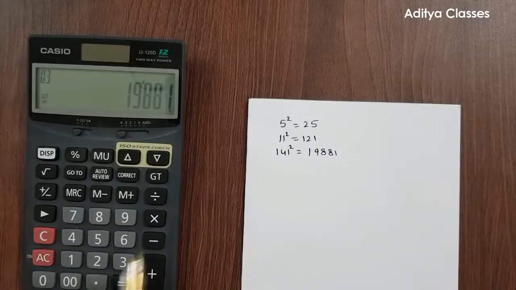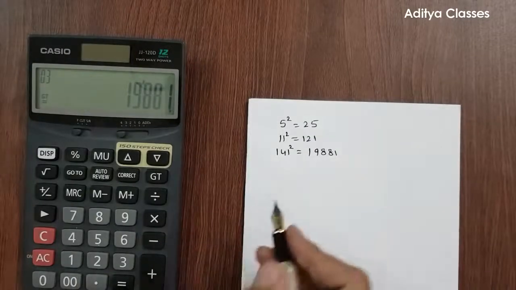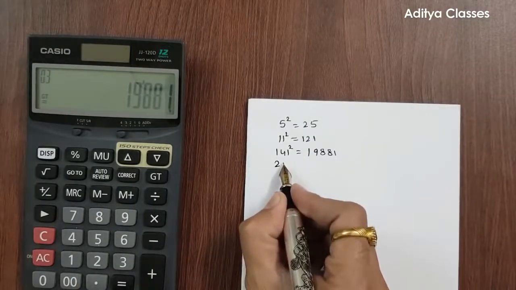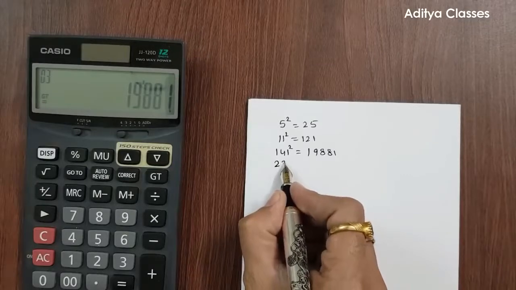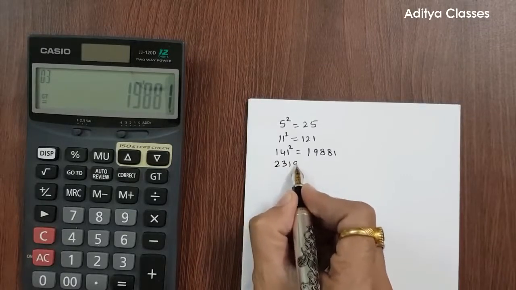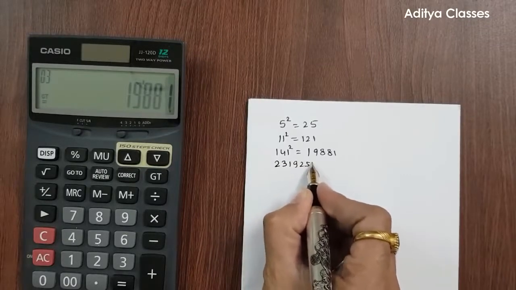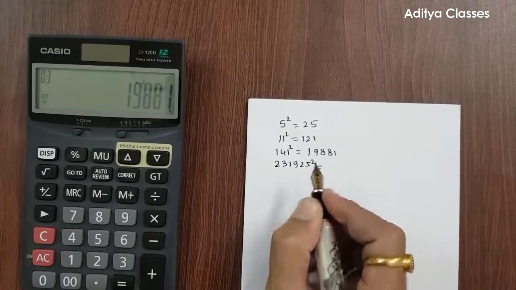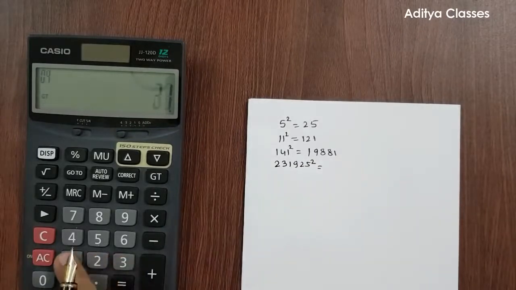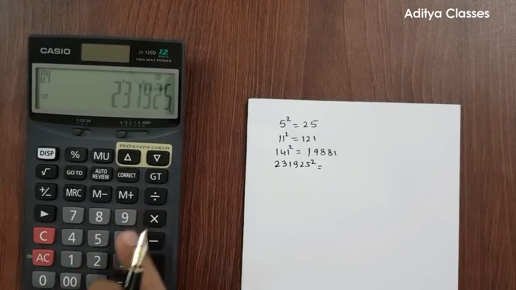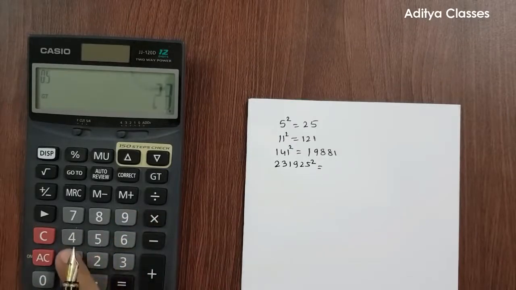Now suppose the number gets a bit big, 231925 square. 231925 multiplied by 231925.